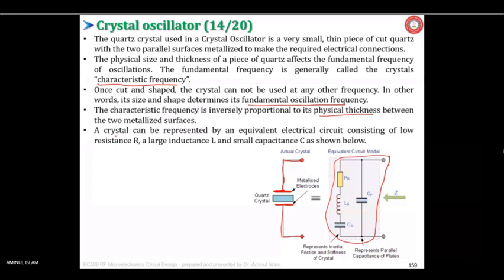So a crystal can be represented by an equivalent electrical circuit consisting of low resistance RS, large inductance LS. LS is large. Okay? RS is small, and a small capacitance CS.